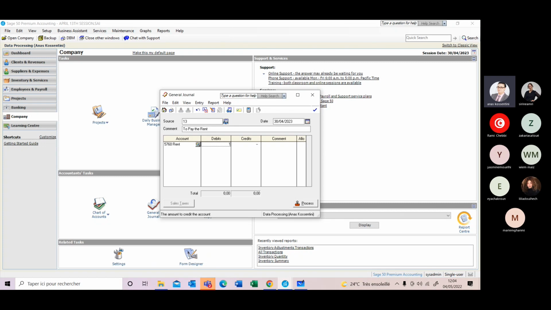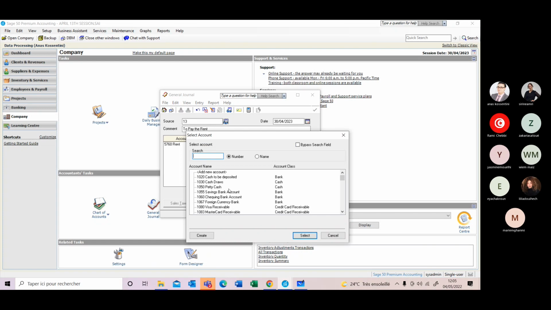So I have to change the figure to $1, and you credit the checking bank account. Okay.